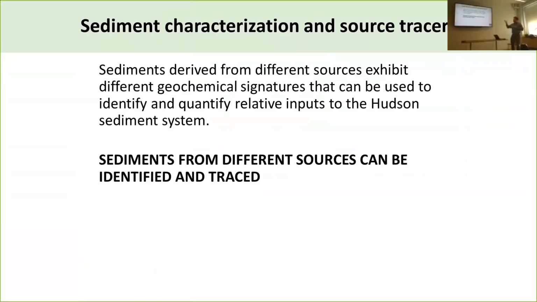But the main hypothesis here was that sediments derived from different sources would have different geochemical signatures, and that they could be used to identify and hopefully quantify inputs into the Hudson system. If we can identify them and trace them, we might be able to start resolving and predicting inputs from different places far afield. We're not there yet, but we're getting there.